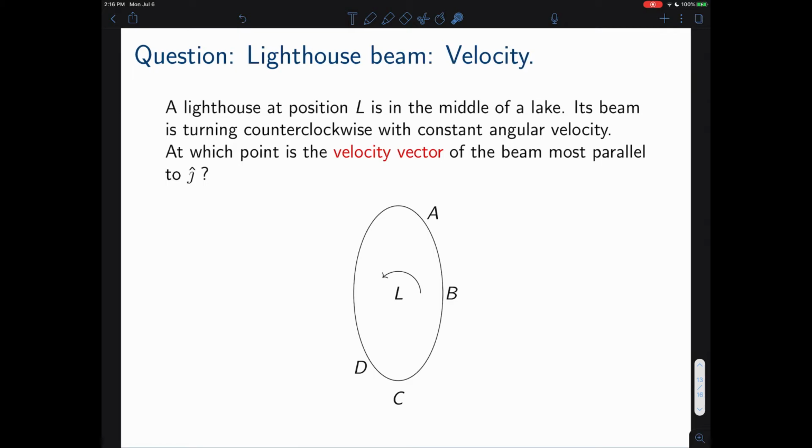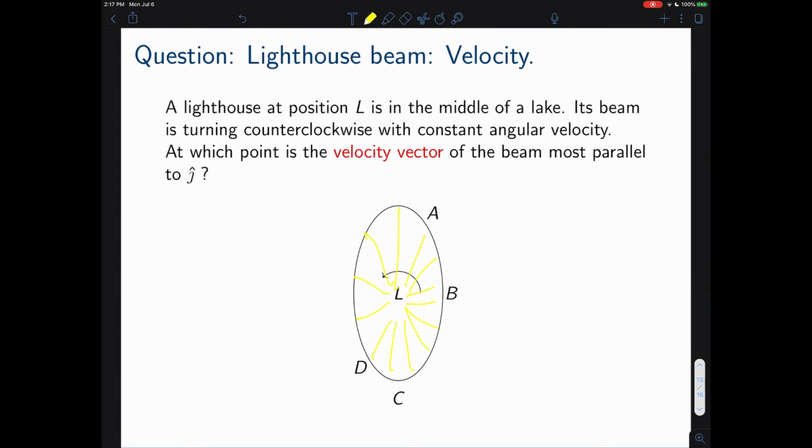So just for practice with that idea of uniform circular motion, suppose that we have this lake, which is not exactly circular, but it's roughly circular, and a lighthouse is in the middle of the lake, and it's turning, and it's shooting out a beam of light. Like this, it's shooting out a beam of light to the shore of the lake.